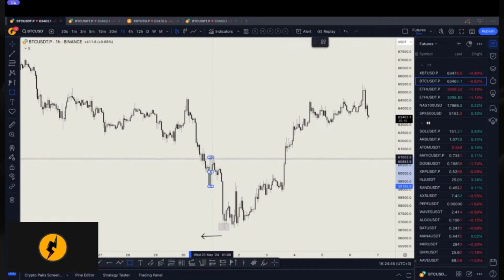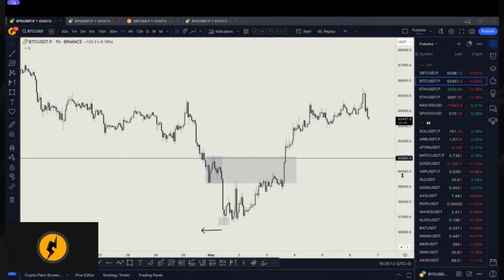Of course, I mark the levels that I'm looking for, but for the sake of education, I'm marking the whole range. So this is the whole range that created this low for me. Nothing complicated. This is the low. This is the range that created this low. All right, and then I'm going to extend this range.